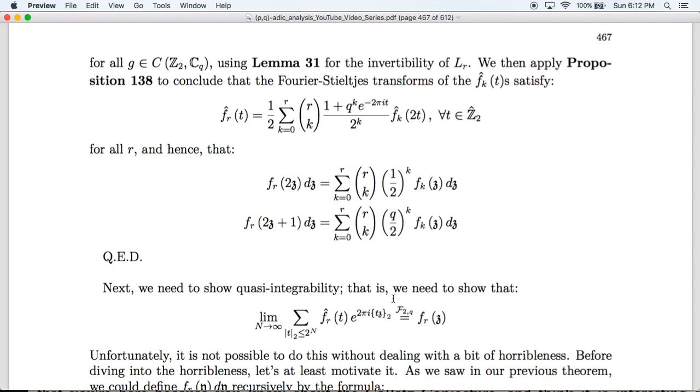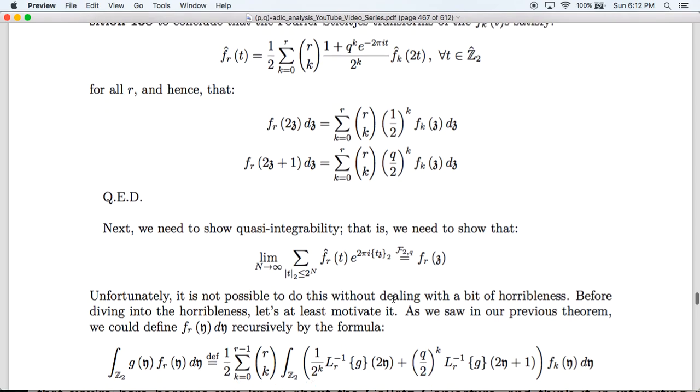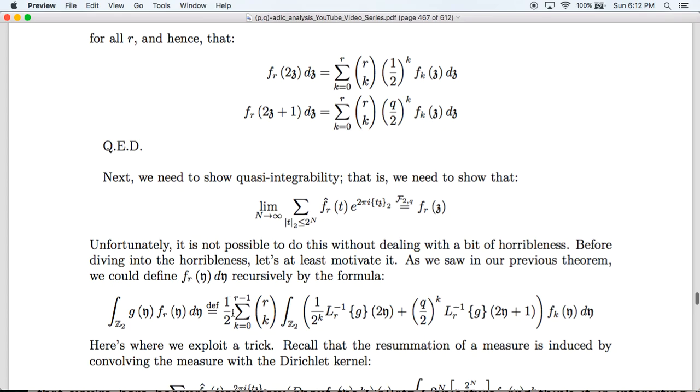Fortunately, I think it's significantly less horrible than the explicit case, and thankfully we can at least motivate the horribleness. As we saw in our previous theorem, because LR is invertible, we can define this measure recursively by this following formula.